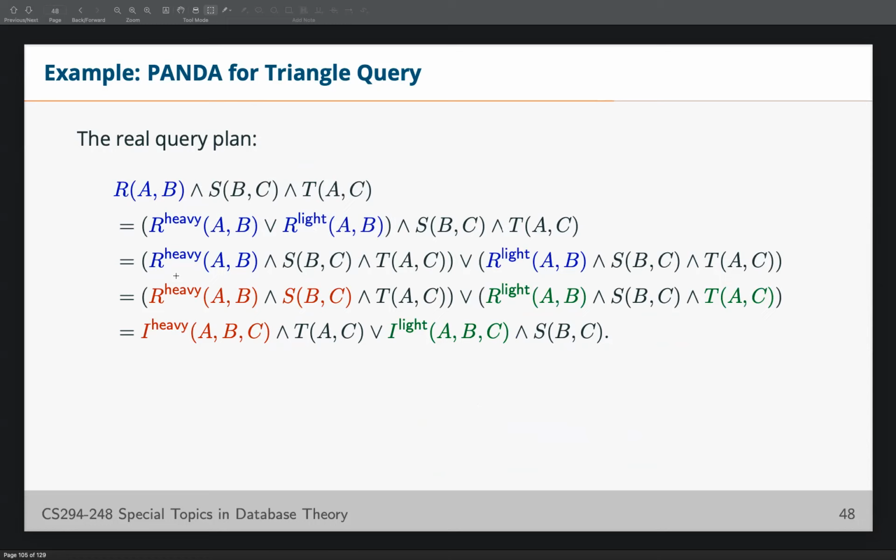One plan contains the heavy side and one plan contains the light side. And now, following the script from the proof, we are joining the heavy part with S. So that's an intermediate relation. Also, in the proof, you see there's a green part that joins the light part with T. That's the light relation.